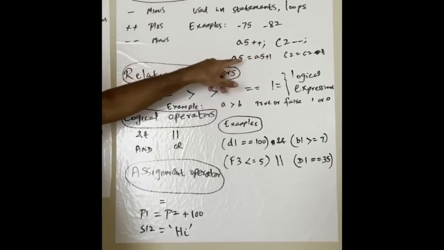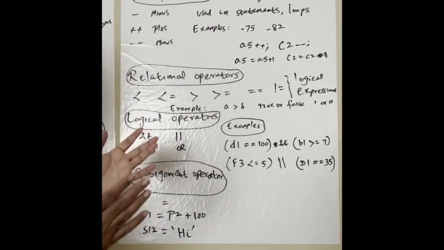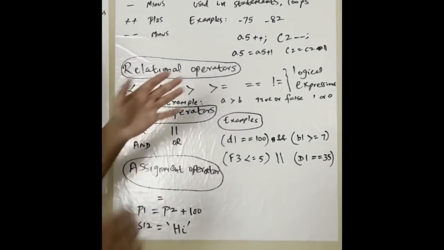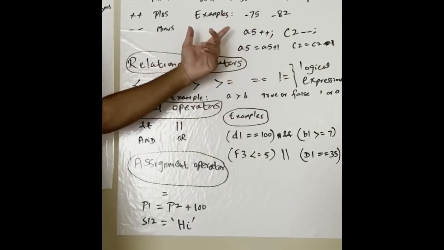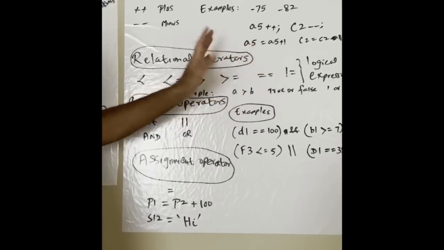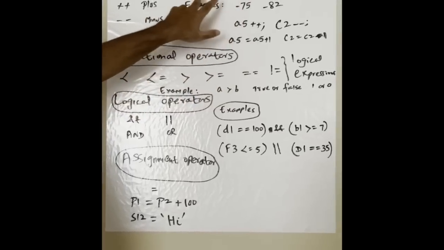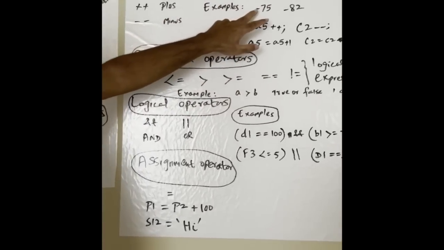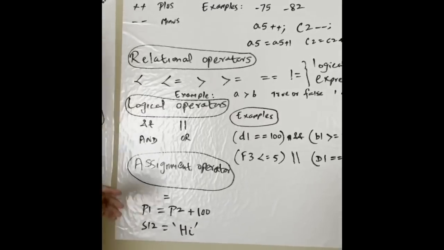C knows that it has to increase the value of a5 by 1. It's a short notation, so the lines of code, instead of 1000, will be reduced to 100. Whenever there is plus plus, the C compiler knows to add 1 to the value. When we start writing programs, you'll understand all this. Negative 75, negative 82, these are some examples of integers.